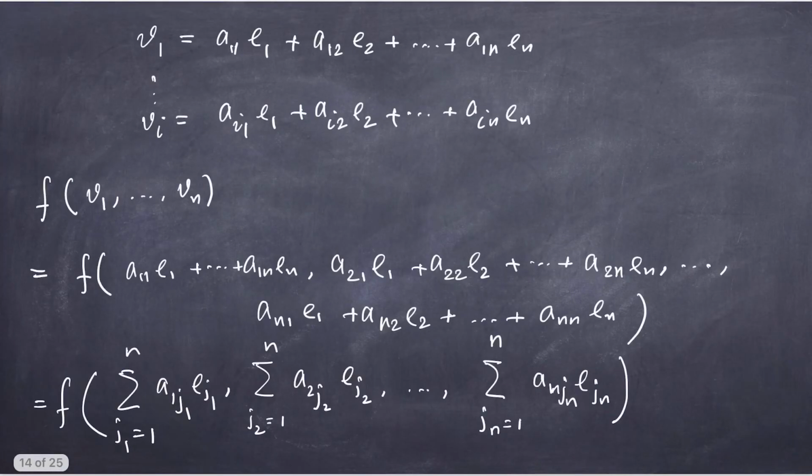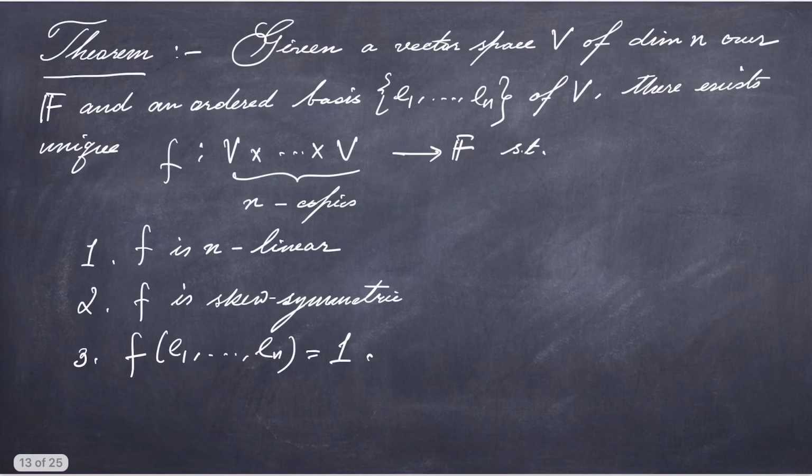All right. Now we will prove this theorem. What are we supposed to do in order to prove the theorem? We are supposed to construct an f satisfying these properties. Then we will show that it's the unique one.